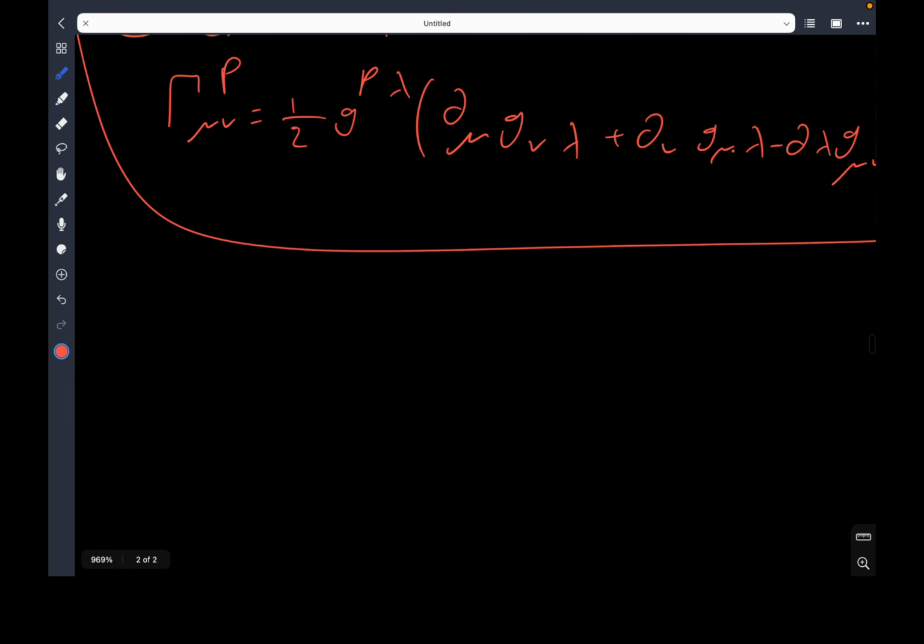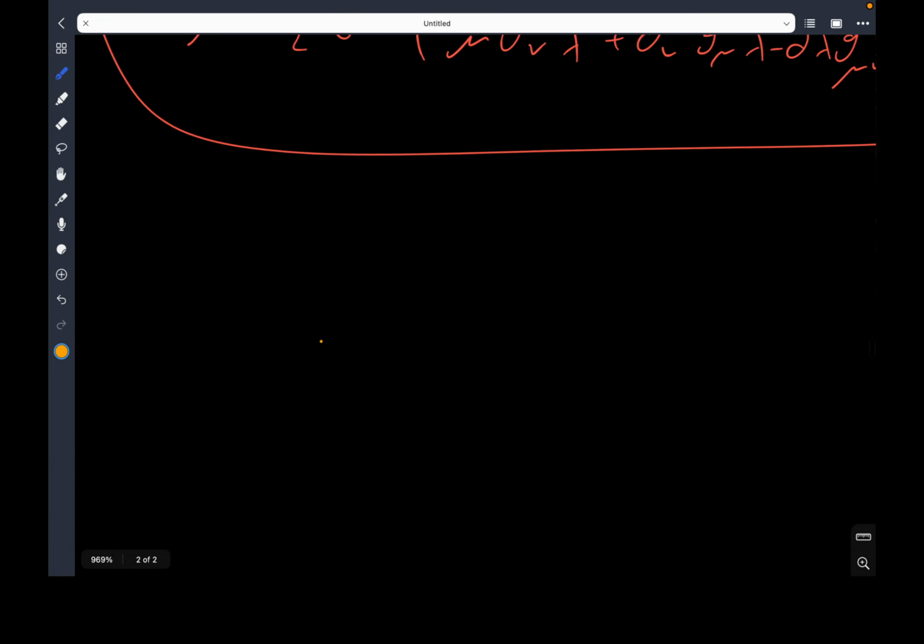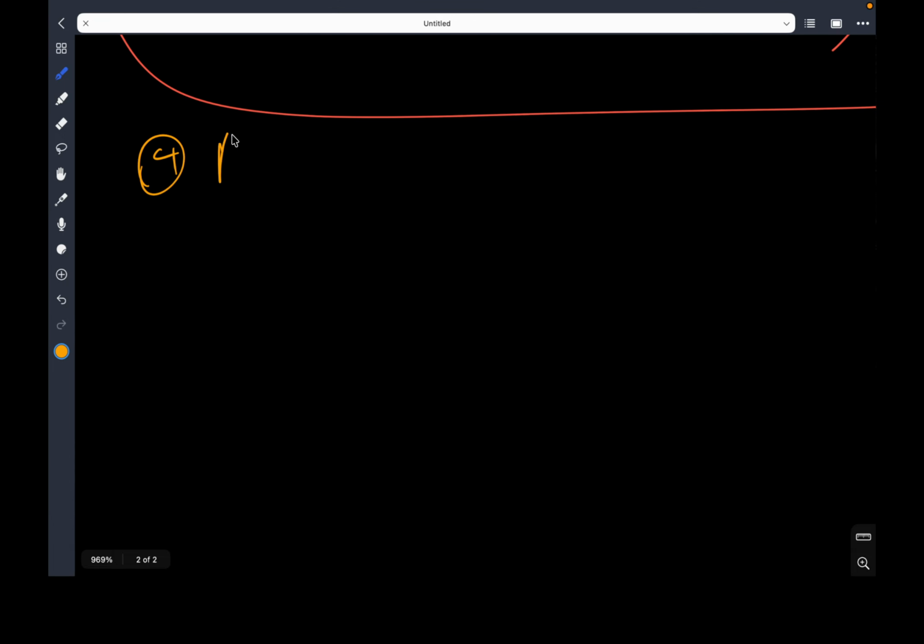And the fourth definition, the last of them, is the Ricci scalar. I'm going to write it better.